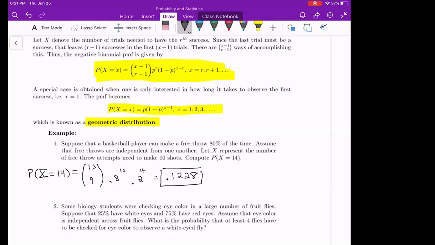What's the probability, and this isn't asked in the problem, what's the probability that the person makes all of their first 10? So this is the minimum number of shots needed to observe 10 successful ones.